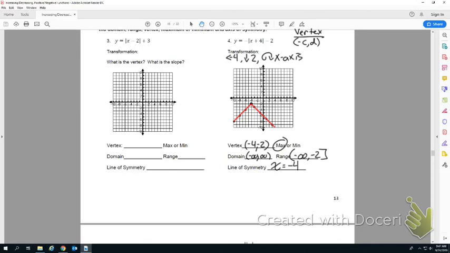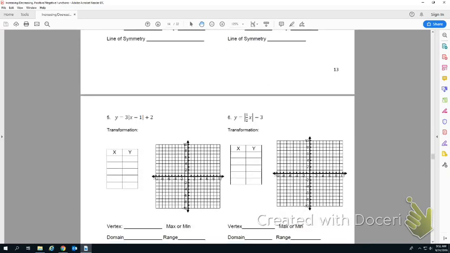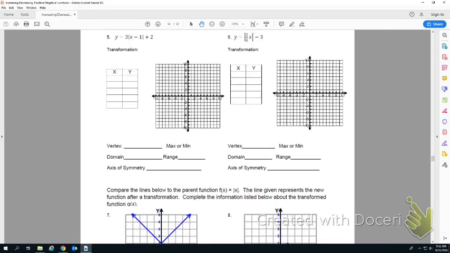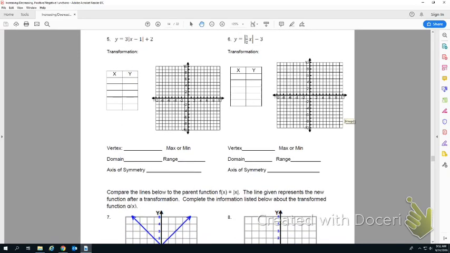All right, let's go to the back. Or the next page, whatever it is. Okay, so this is where I was, at the beginning I was saying you need to remember those points for the parent function. And this is when that's going to come into play. So, again, looking at the transformations up there. Meredith, give me a transformation.